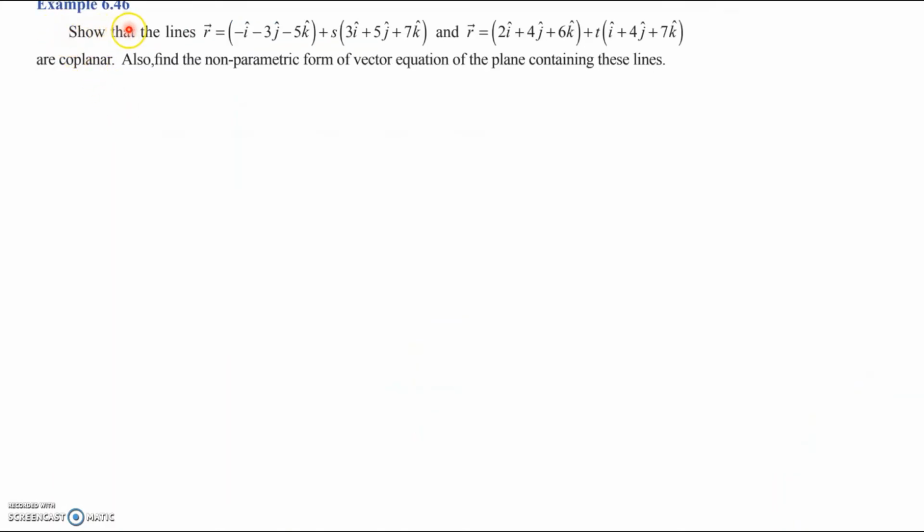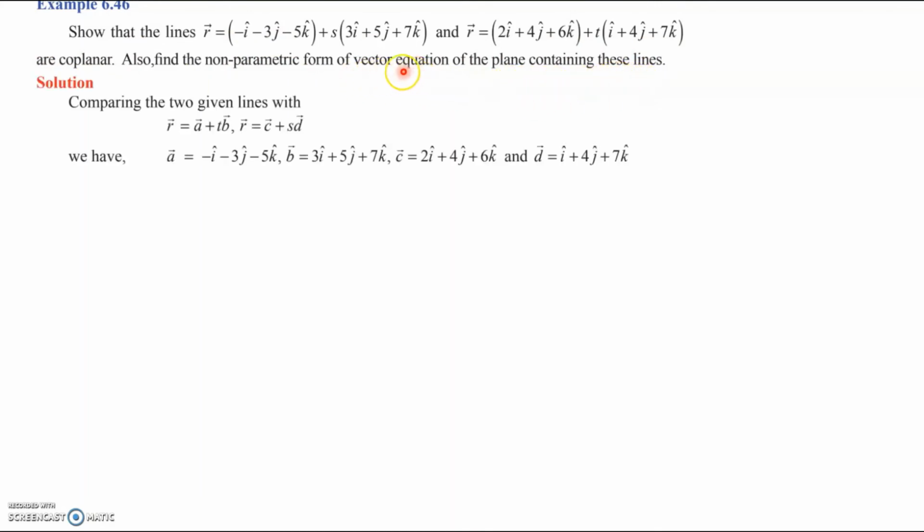Example 6.46. Show that the lines R equal to the given equations are coplanar. Also find the non-parametric form of the vector equation of the plane containing these lines. We can rearrange this as R equal to A plus tB vector and R equal to C plus sD vector.